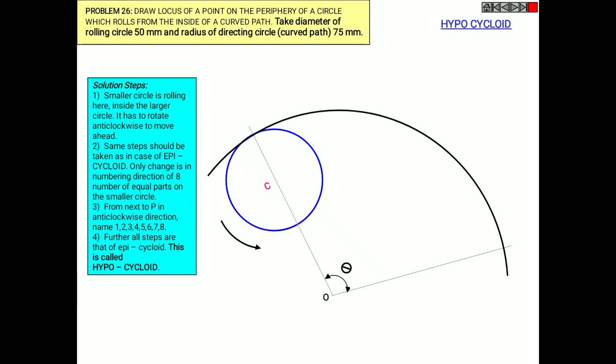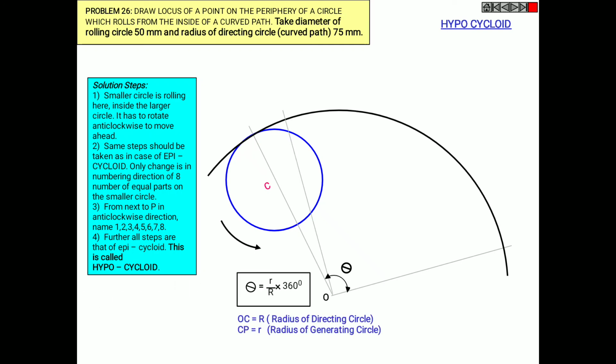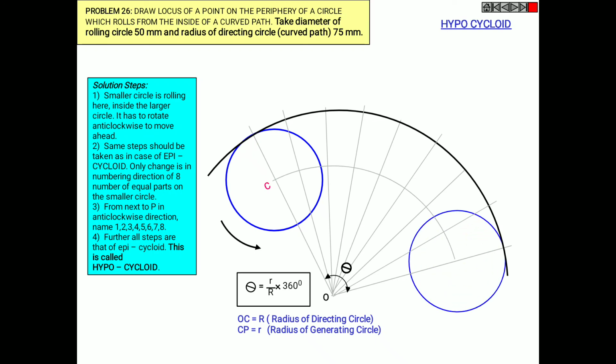Divide that also into 8 equal parts. And also draw a circle at the end of the other arc. We have all the centers C1 up to C8.